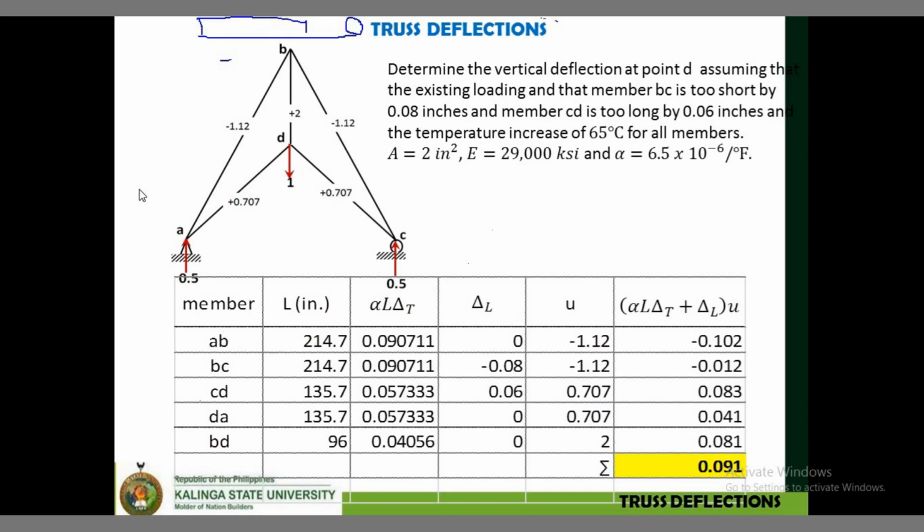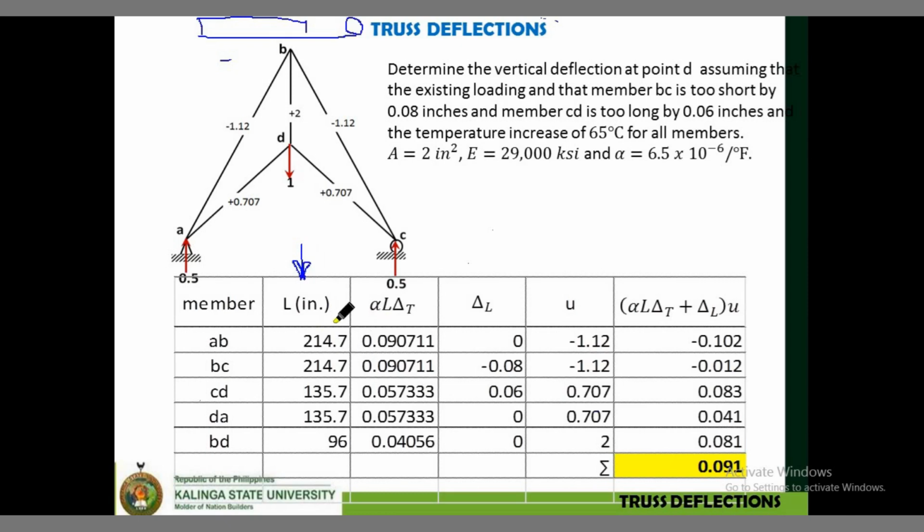Di ba, given dun sa problem kanina, given itong mga lengths na to. Kindly try to browse yung notes na binigay ko sa inyo. Nandun din yung problem na ito. So, try to look at that notes para ma-double check itong length ng mga members.